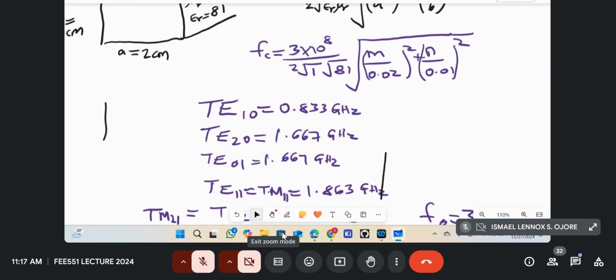So I'm tempted to say they are degenerate modes because they have the same cutoff. So TE11 has the same cutoff frequency as TM11. Same goes for TM21 and TE21. I don't know if that's correct.